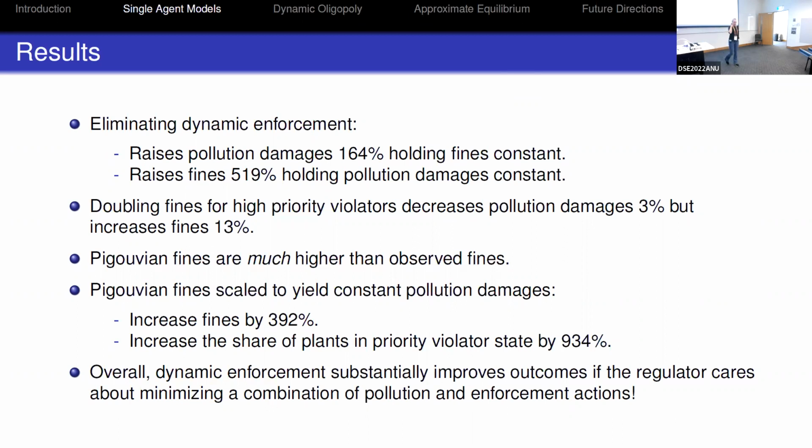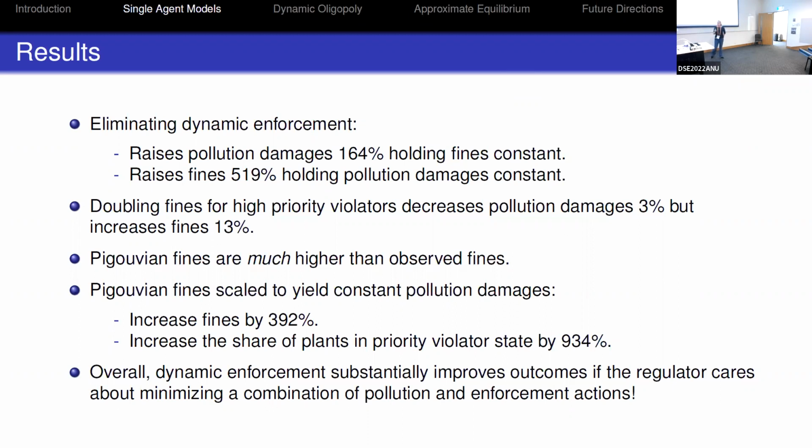Literally, if you aren't allowed to base the fine on the history of the plant, then the fines are going to have to go up by 5 times in order to keep pollution the same. That's super valuable, right? I mean, it's only super valuable if you care how high the fines are. If you just think that's a transfer, you might not care. But fundamentally, we can have much, much lower fines with the same amount of pollution damages with this dynamic enforcement structure.